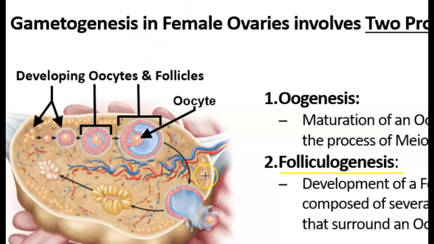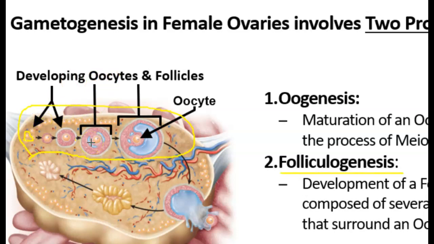And in the diagram on the left, you can see that in the cortex, this is the site where the primordial germline cells are located that can become oocytes. And as the oocytes mature, they're shown as yellow, these oocytes.